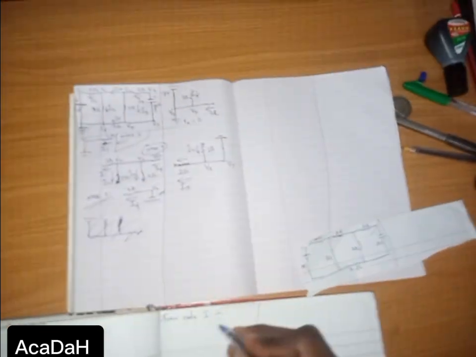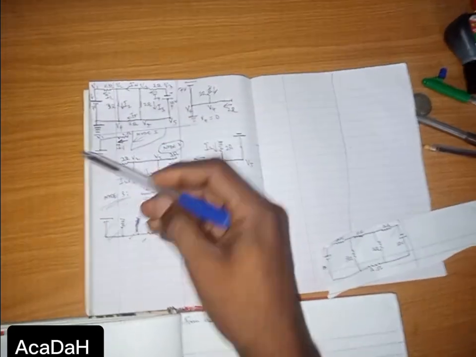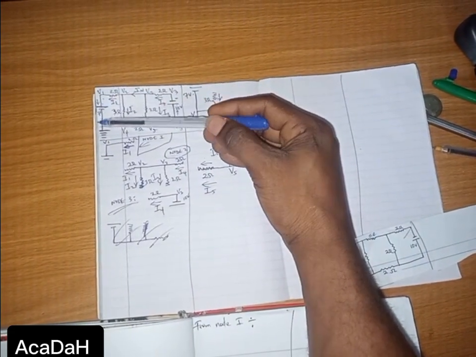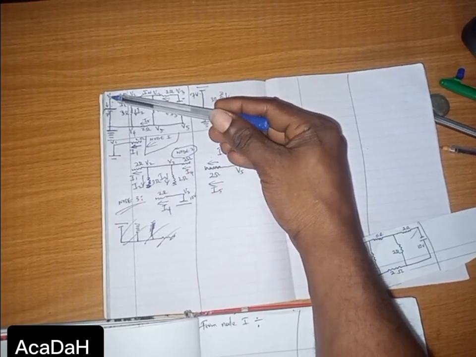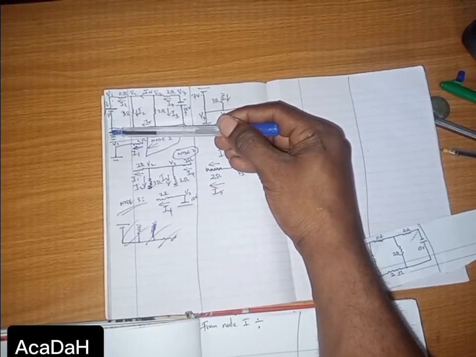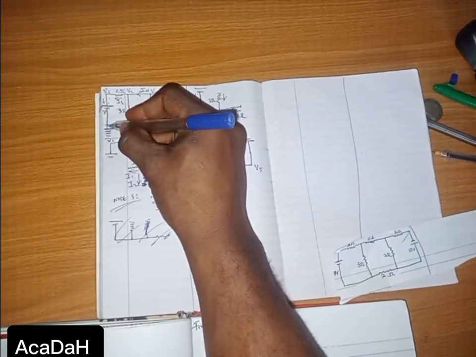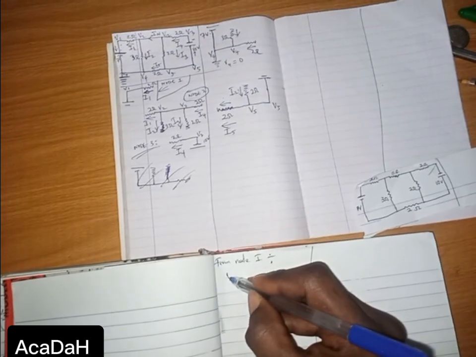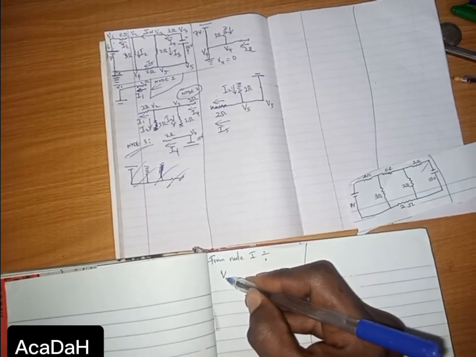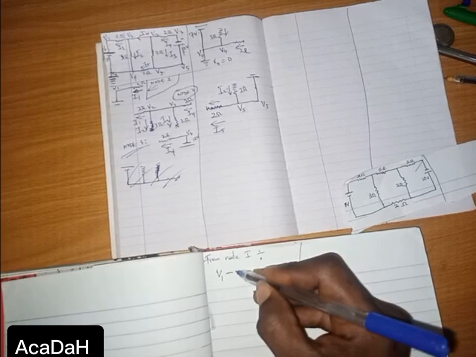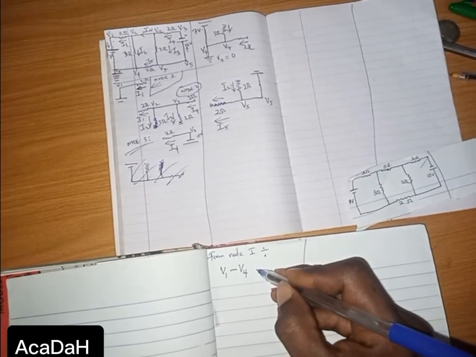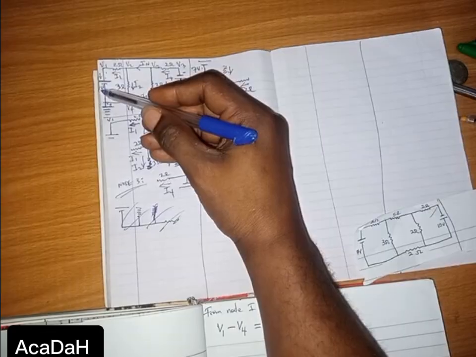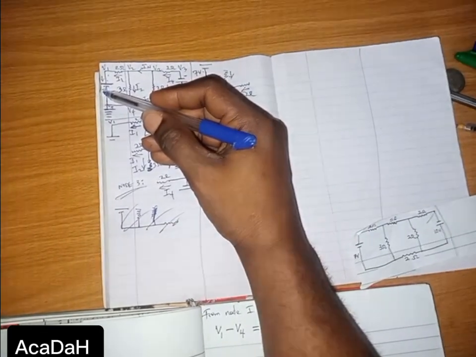So for node 1, notice that node 1 is having voltage moving and then coming here. So it's between V1 and V4. Remember, everything is V4. So we have current moving from V1 and going to the ground, V4, equals 7V. So there is a voltage in between, which is 7 volts.